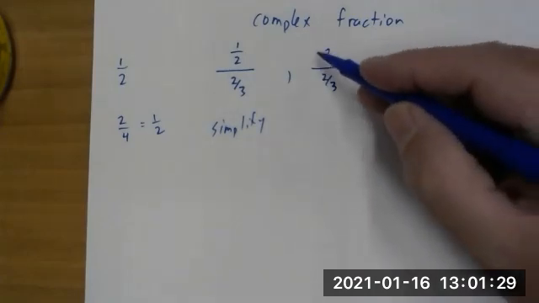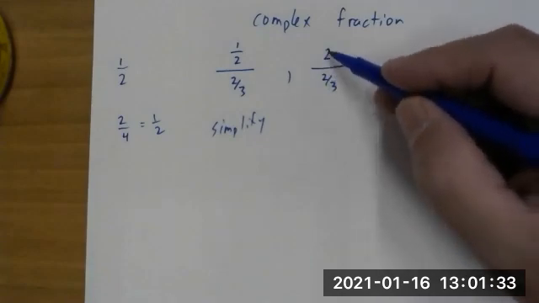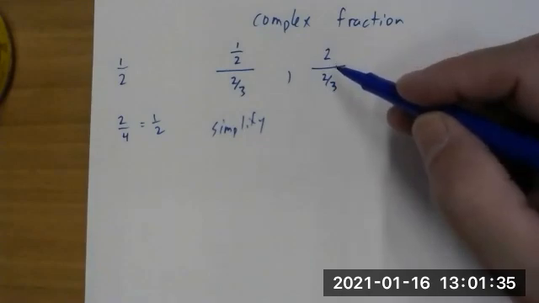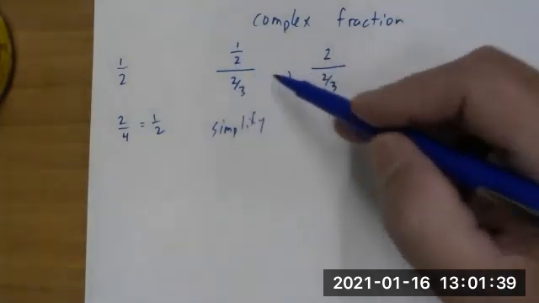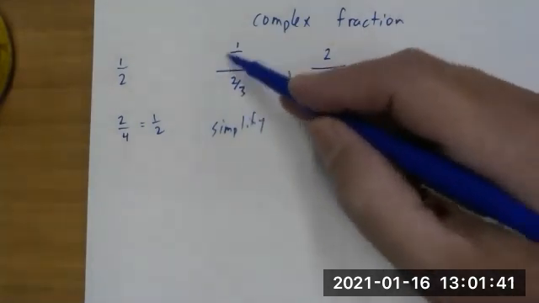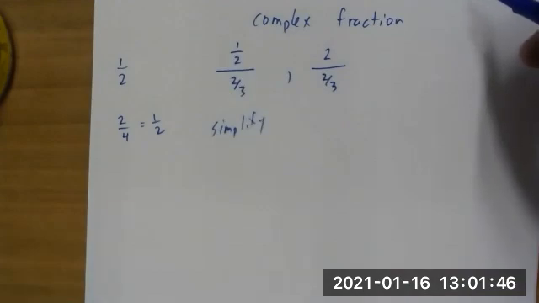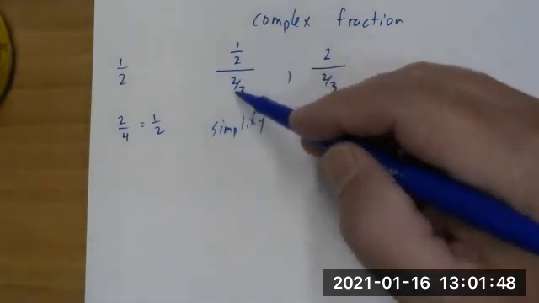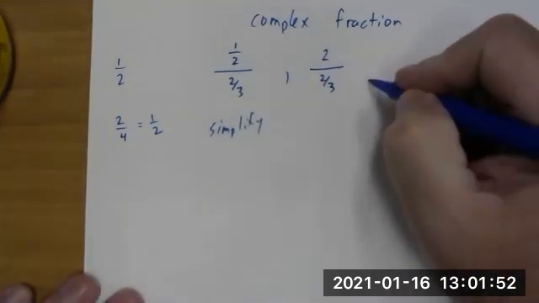Oftentimes you're doing a math problem and you come across this, you need to simplify it just so that you can more easily finish the problem. You don't want to leave it like this. That can make the math more difficult. What you first do is simplify these complex fractions and then finish the problem.